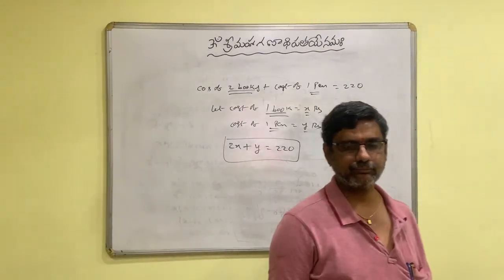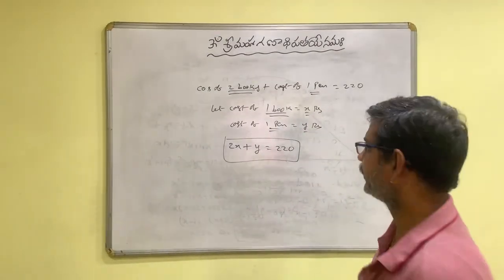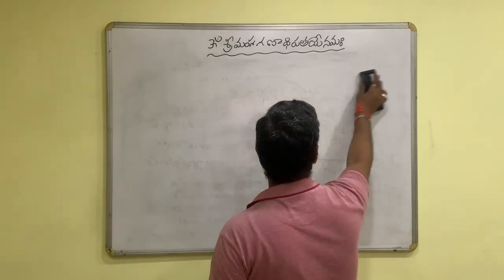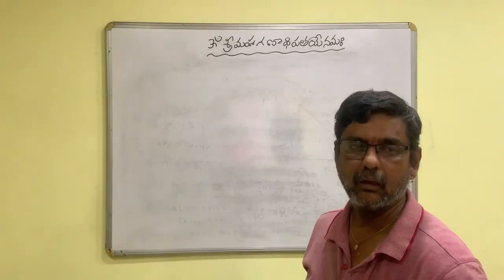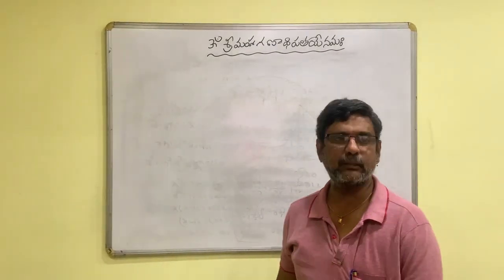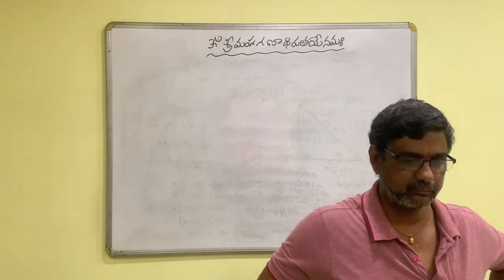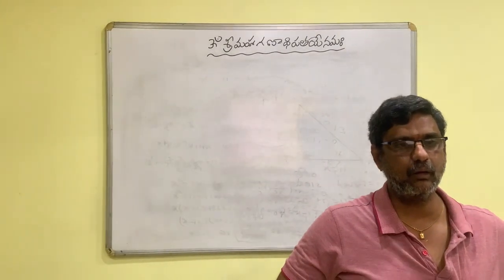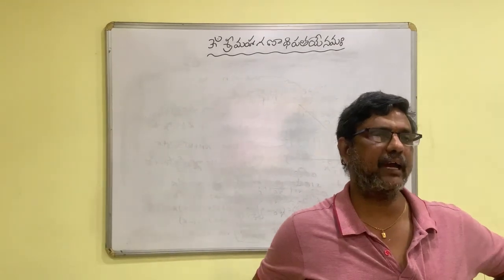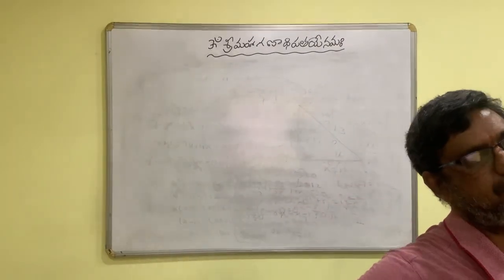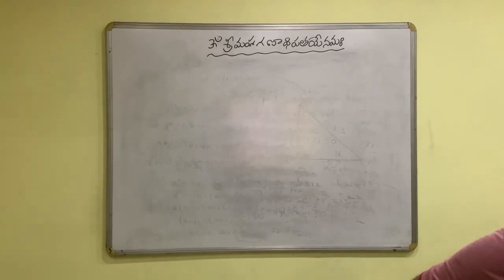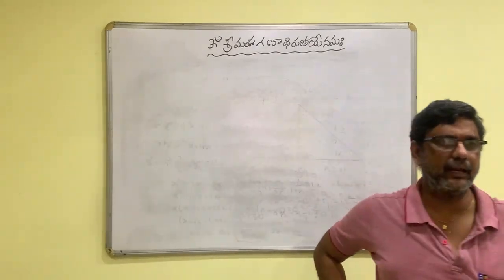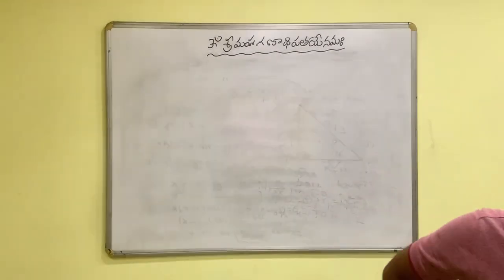Okay. Now I'll tell you one more situation. One day, Lohit Babu went to a sports shop. He is inquiring about the cost of a cricket bat and cricket ball.